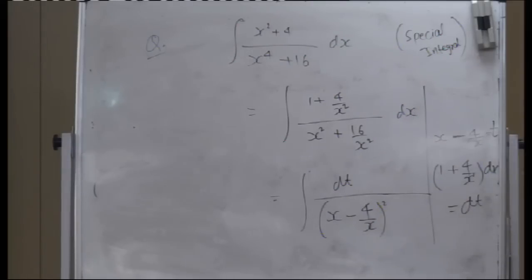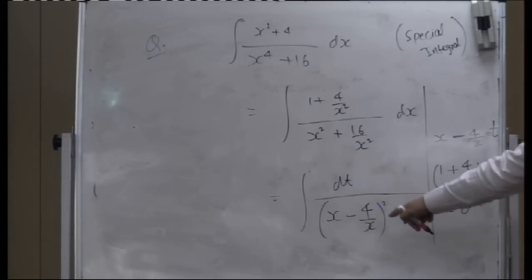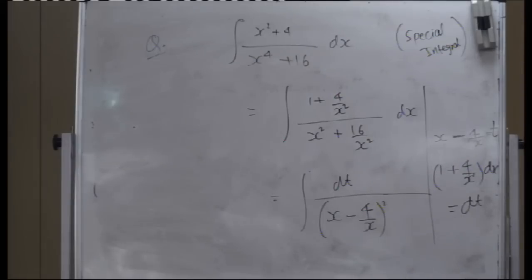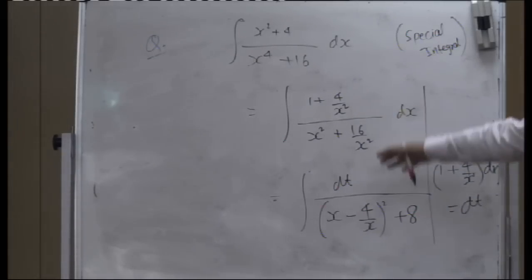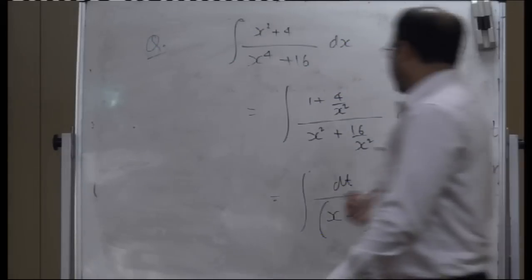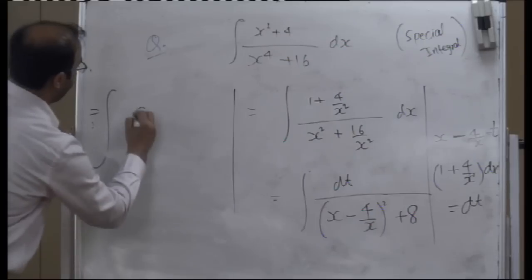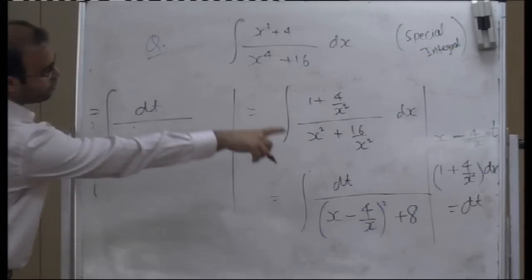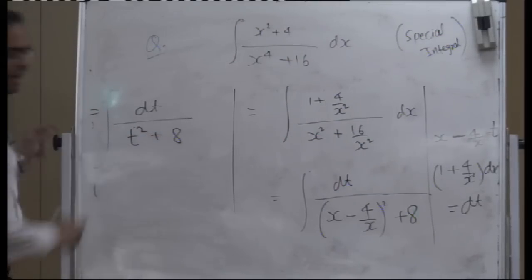That is, x square plus 16 by x square we get from here. But one more term we get, that is minus 8. So you have to add 8 here in order to make this term and this term equal. Now this integral is dt upon (x minus 4 by x is t), so this is actually t square plus 8.